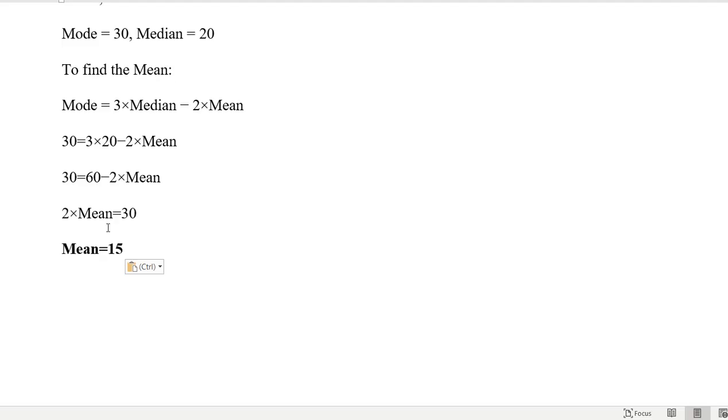So in such situations, you should always go for mode and median, and the mean value you should find using this empirical relationship. Similarly, if we have grouped data, one table will be enough, because only CB and CF is required for median and mode. So you find median and mode in grouped data, and the mean will be calculated using this. I'll give you those two questions, so you have to solve that.